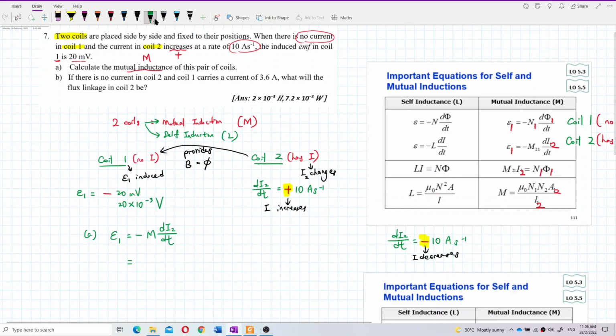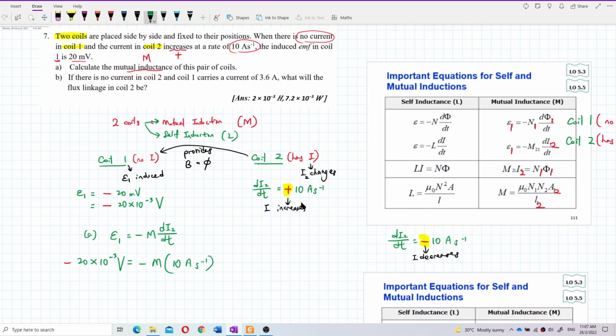So E1 is negative 20 times 10 to the negative 3 volt, and di2 over dt is positive 10 ampere per second.